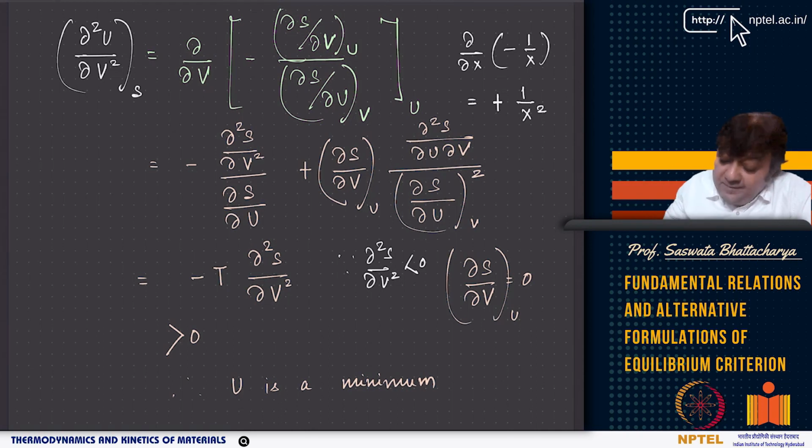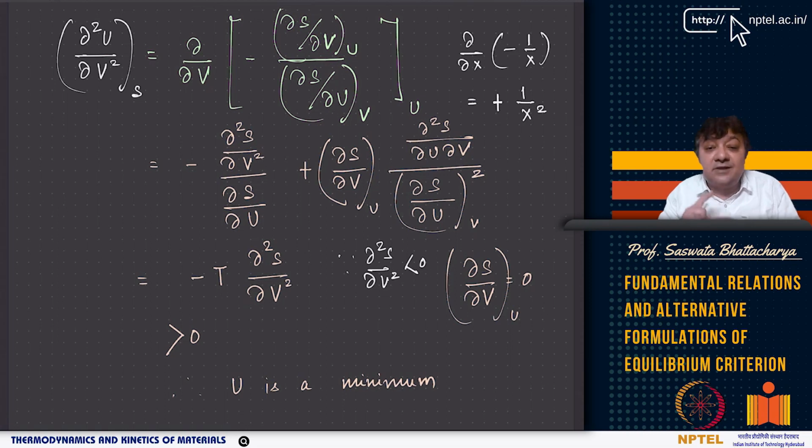That means the entropy maximum principle implies the energy minimum principle. We can show it graphically, or otherwise. We can also assume the energy minimum principle and prove the entropy maximum principle, so these are equivalent and interchangeable.